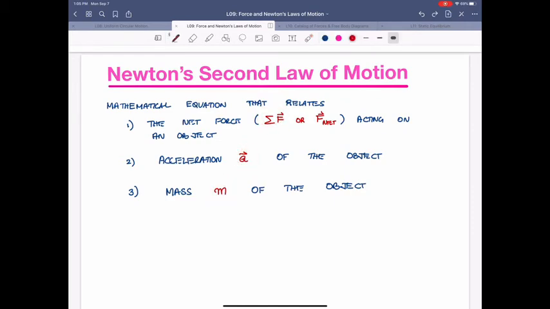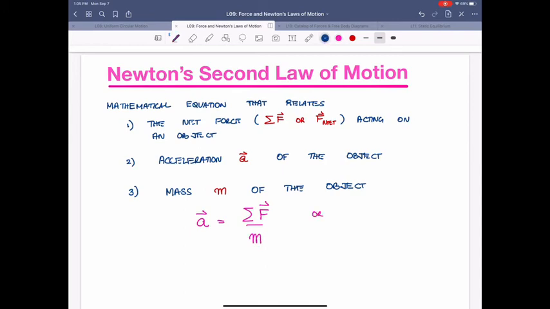Stated simply, Newton's second law says that the acceleration is equal to the net force over the mass.